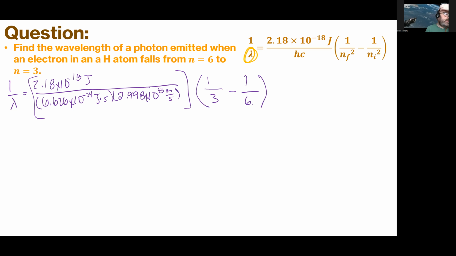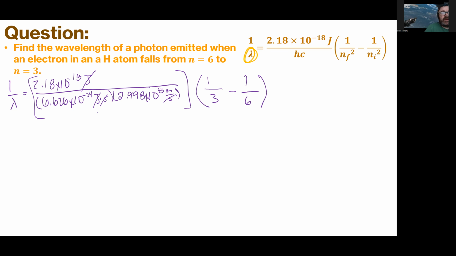Depending on how we feel about working with the numbers, I'm going to show you how I'm going to work this. Our joules cancel out, and the seconds have canceled out, so this thing in the front is all just meters now. Remember to use that EE button.